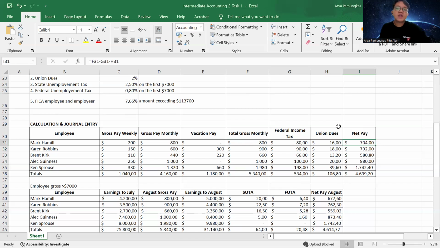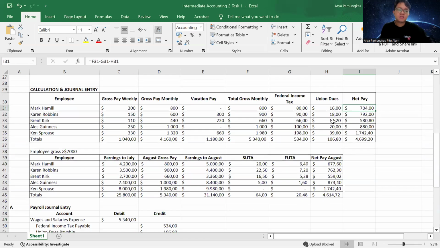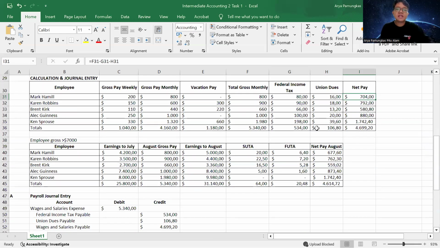And then we get the net pay, or the wages and salaries that we are going to pay them, after subtracting the federal income tax and union dues.